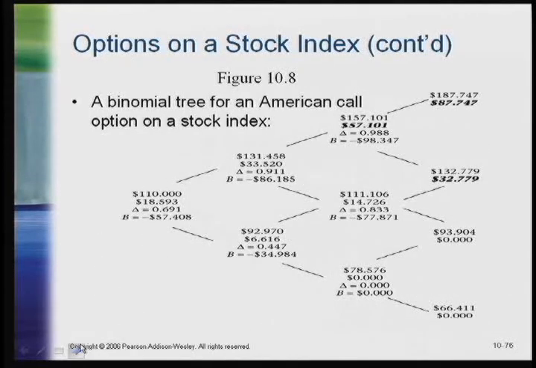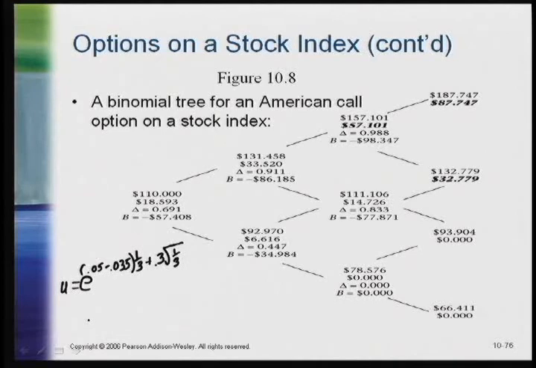So here's our lattice. And again, we can confirm how the up and the down scenarios work. So for example, U is equal to e to the (r minus delta) h plus sigma square root of h, where r was 0.05, delta was 0.035, h was 1/3, and then we have a plus, a 30% volatility, and a square root of 1/3.